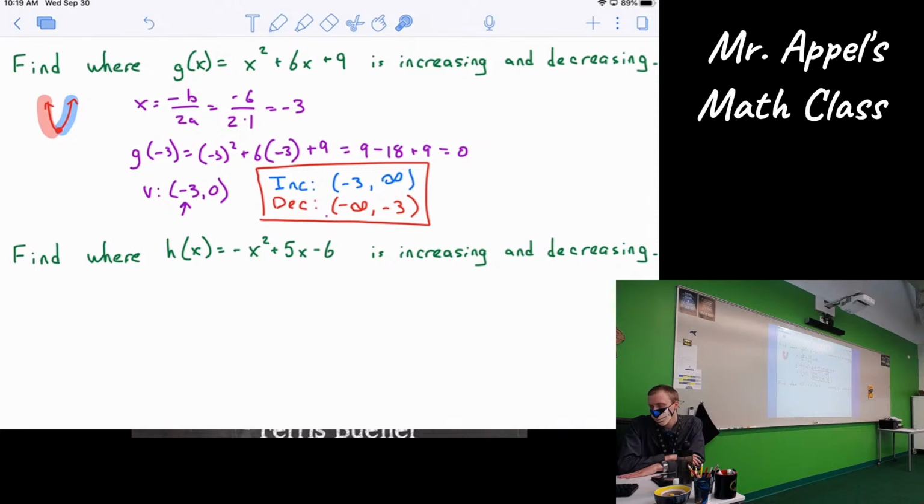Can you specify which side it's increasing, which side it's decreasing? Okay, I've got 3 answers in.